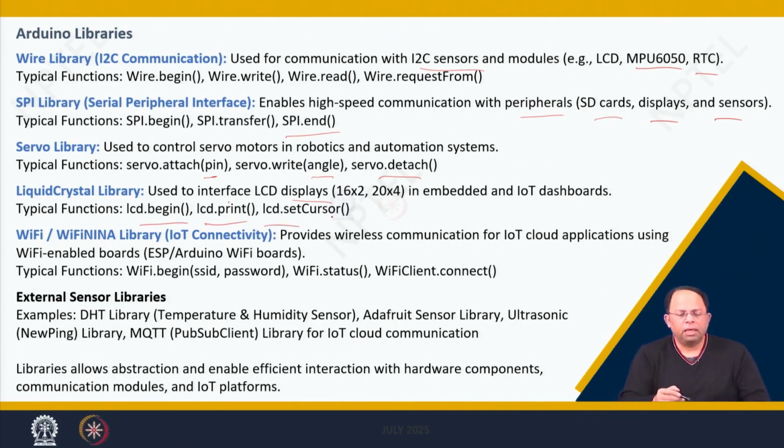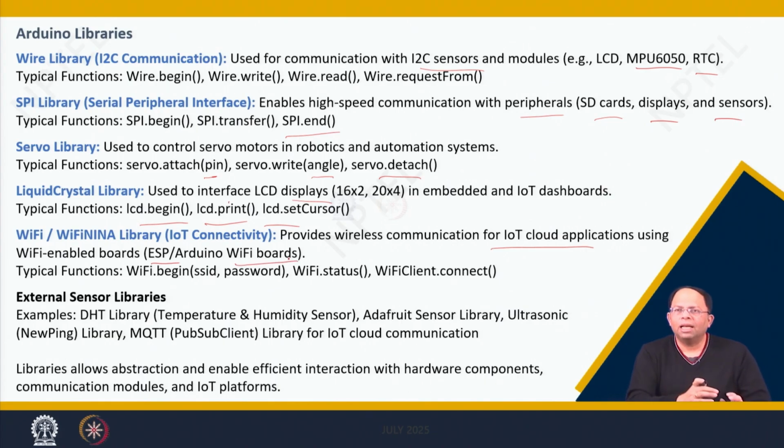Then the Wi-Fi library for IoT connectivity. It provides wireless communication for IoT cloud applications. This is in the ESP32. The Arduino boards could be ESP32 boards or ATmega boards. ESP32 is the processor, and in that case we automatically have Wi-Fi.